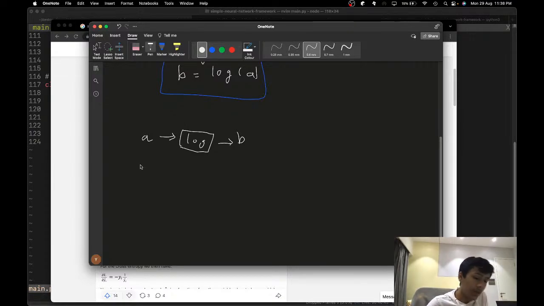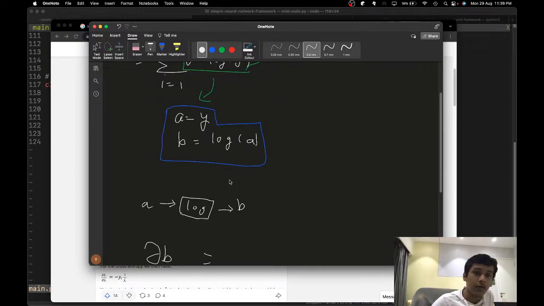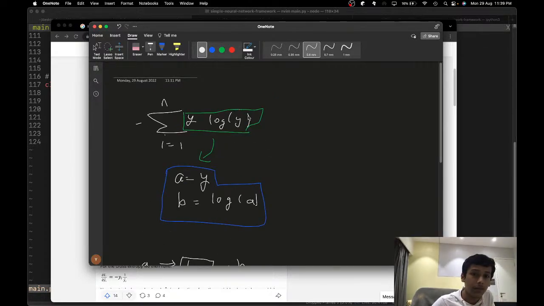So if we are traveling backwards, we have to start from B, head on to the log. Actually, no, it's just gonna be head on to the A. I think this is relatively easy. Famous last words. So I think it will be del B by del A, and wait a second, that doesn't make sense. If there is no intermediate thing.